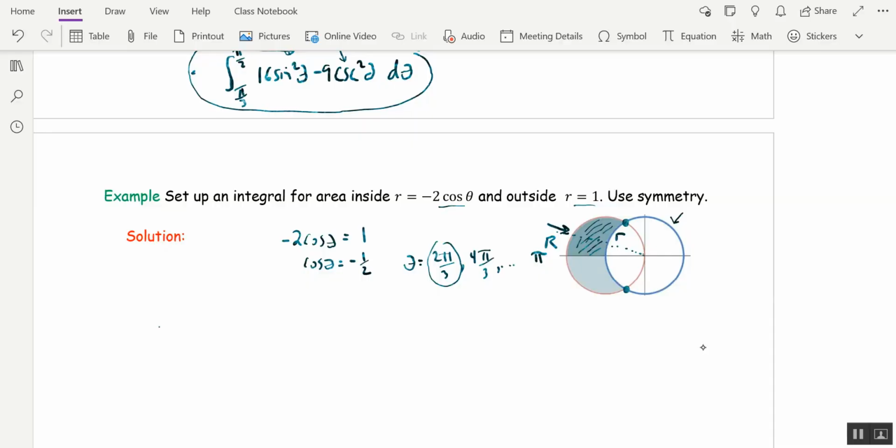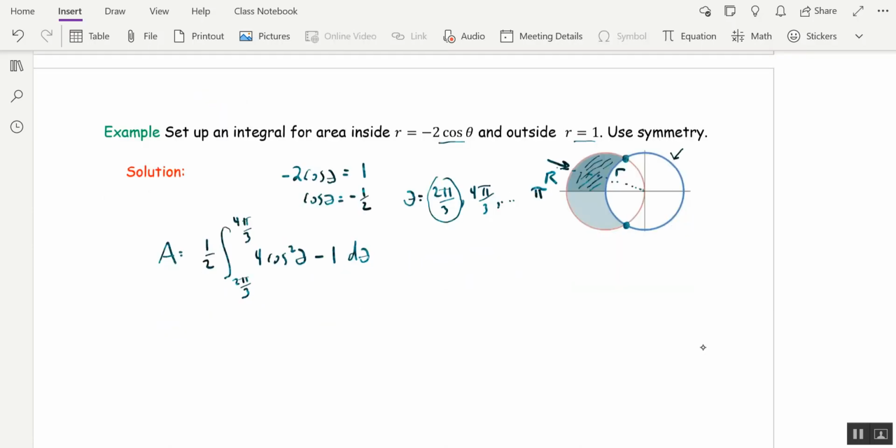So my integral is going to be 1/2. First I'll set it up without symmetry, then I'll set it up with symmetry. 1/2 integral from 2 pi over 3 to 4 pi over 3, big R squared, which is 4 cosine squared theta, minus little r squared, so -1 d theta.